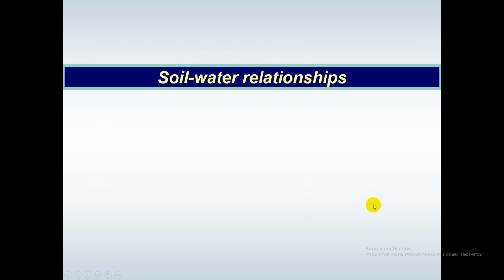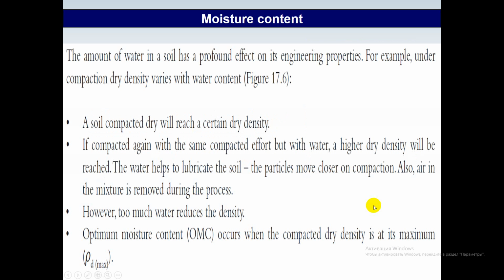Soil-water relationships. Moisture content. The amount of water in a soil has a profound effect on its engineering properties. For example, under compaction, dry density varies with water content.